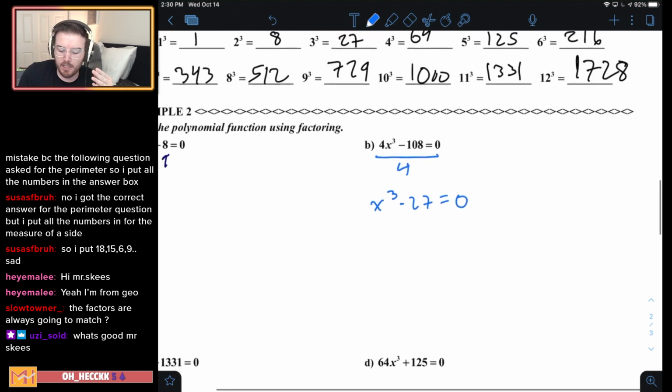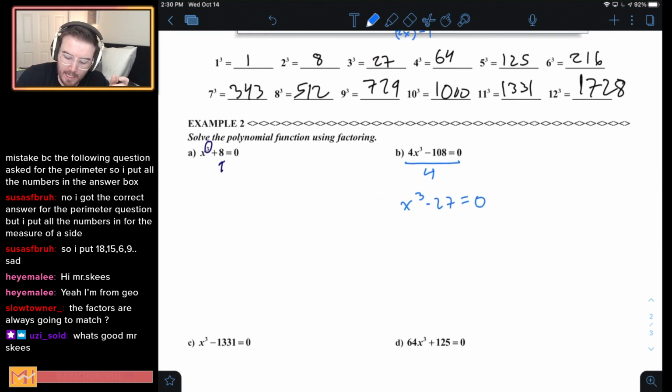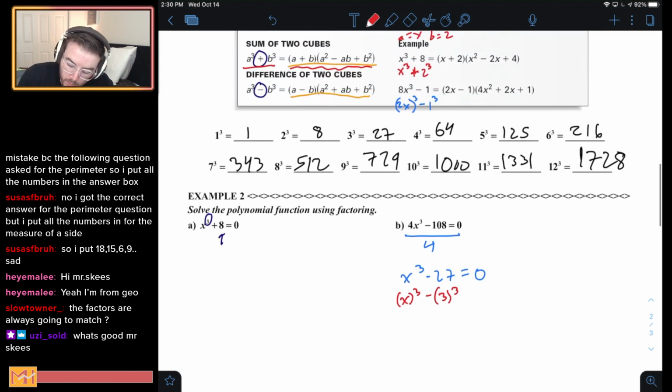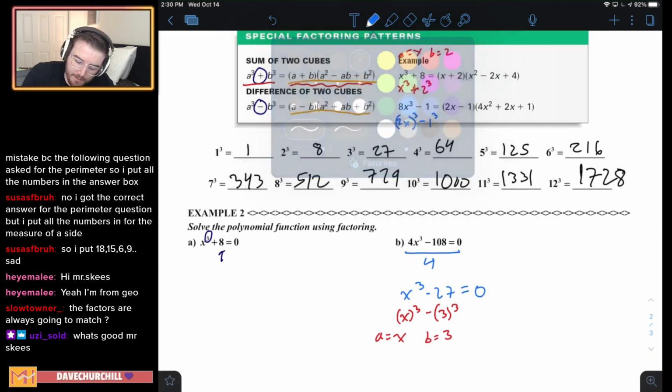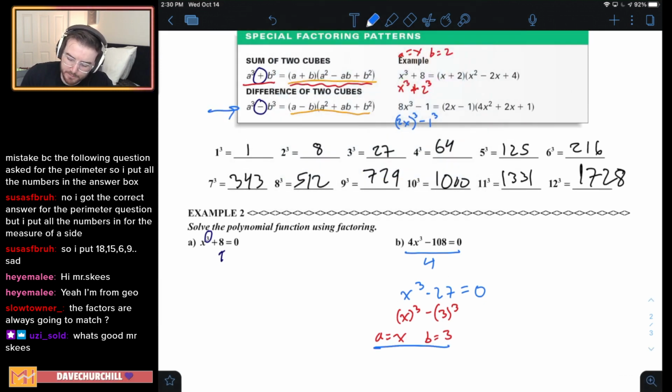And now all of a sudden, I'm looking at something a bit more manageable, right? This is x cubed minus 3 cubed. Why am I writing it like that? Because you really need to know that a is x and b is 3. This is a difference of cubes because of the subtraction sign.